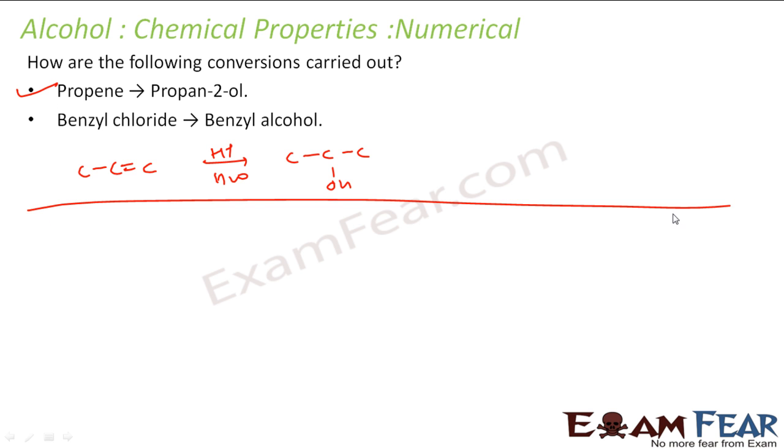The next is benzyl chloride to benzyl alcohol. I have my benzyl chloride. I want to convert it into benzyl alcohol. This is what is required. I have to replace Cl with OH. I can treat this with NaOH, and then I can hydrolyze it.